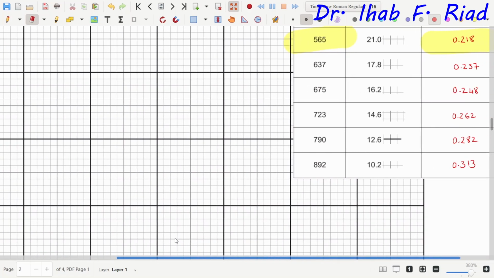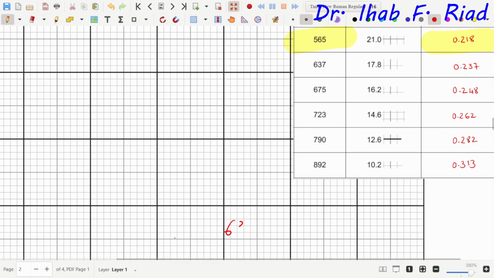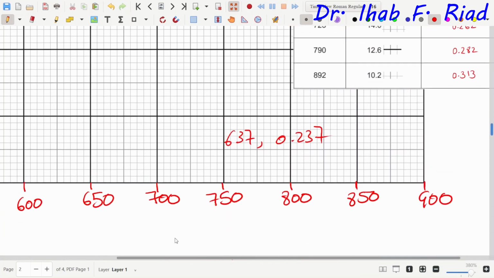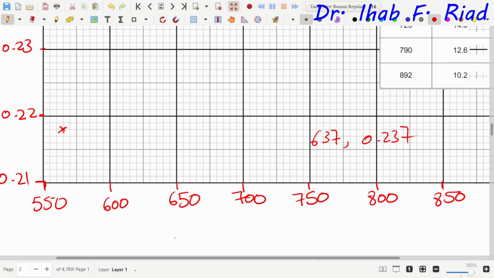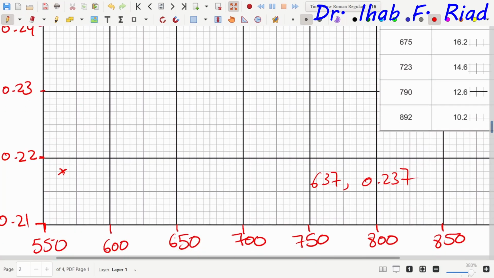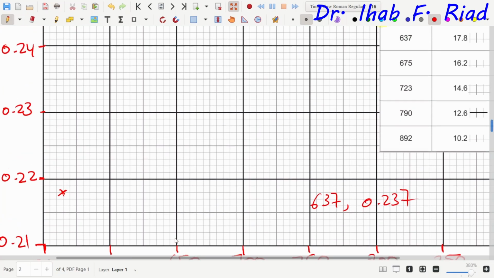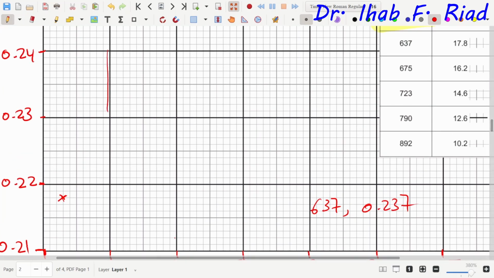It is 637 and 0.237. So 637 is going to be in this square over here, and 0.237 is going to be around this square.